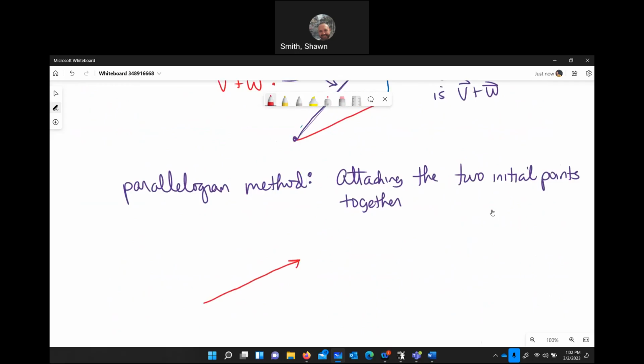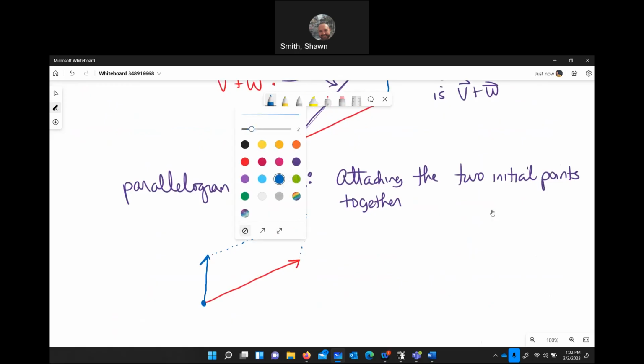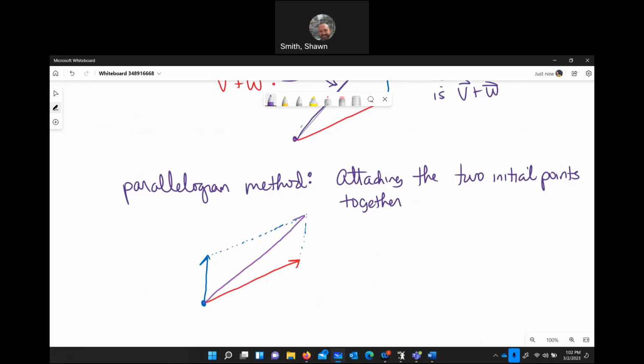V went there, W went here, and now you make a parallelogram. And from the two initial points together to the opposite end of the parallelogram is your vector V plus W. You get the same picture.